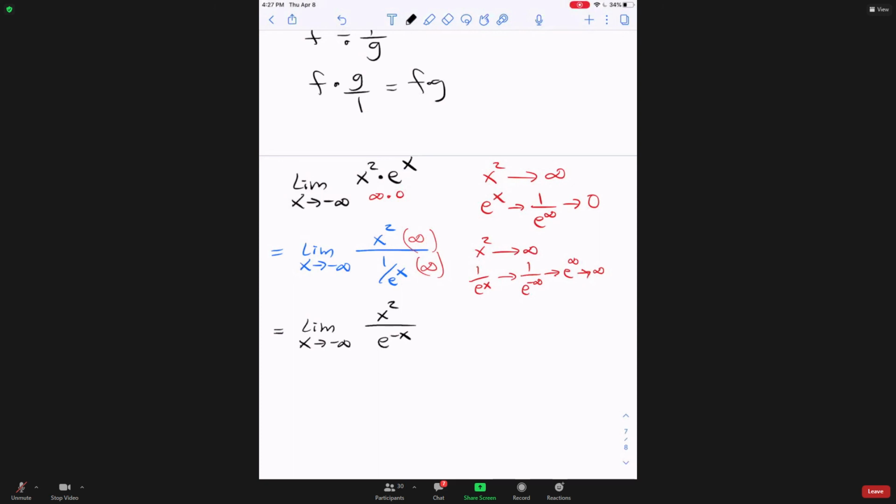So I'm rewriting it like this now, so that it's easy to take the derivative. Now we're going to use L'Hopital's rule and take the derivative of the top and the derivative of the bottom.